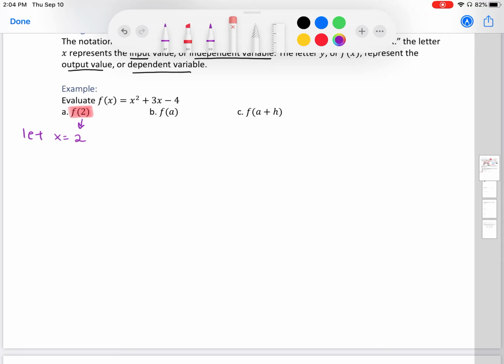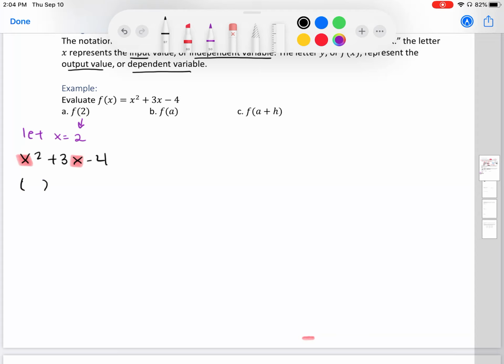Okay, so let's go ahead and plug in 2 for every x. So we have x squared plus 3x minus 4. And for every x, I'm going to substitute a 2. So just take a moment to highlight what we're going to do, so that we have 2 squared plus 3 times 2 minus 4.